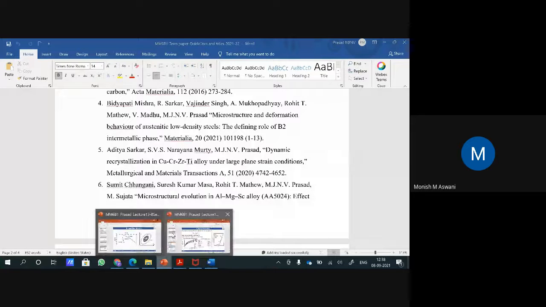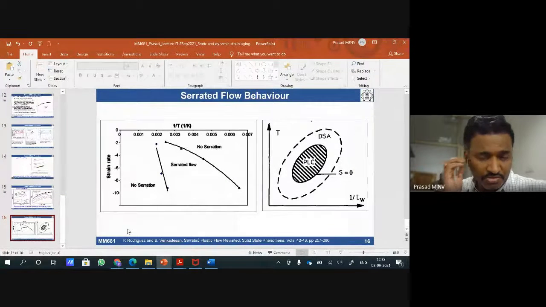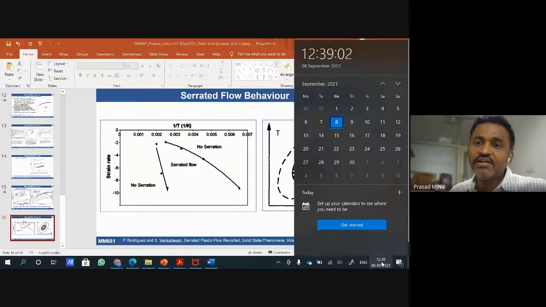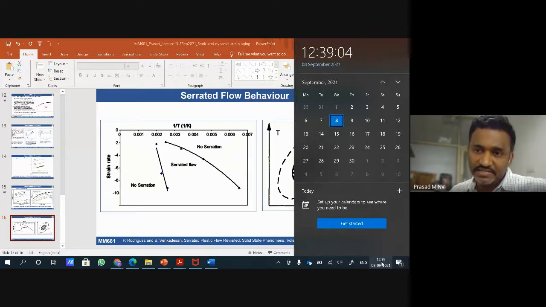This Friday we don't have class, being a holiday. Then you will have your midsem week. So we'll meet again on 22nd of this month, exactly a 2-week gap from now.